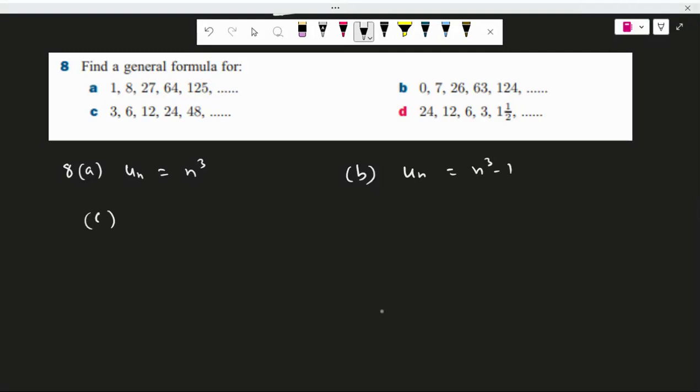The pattern of this sequence is quite different.